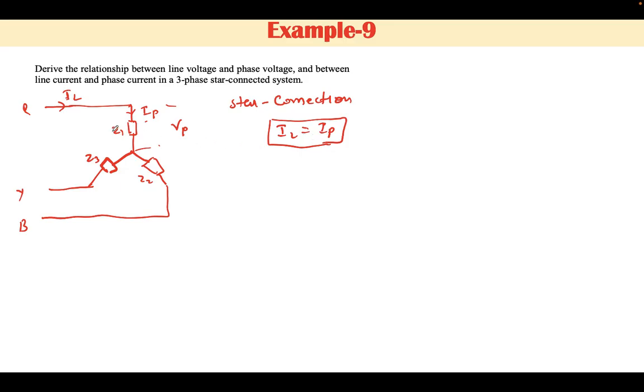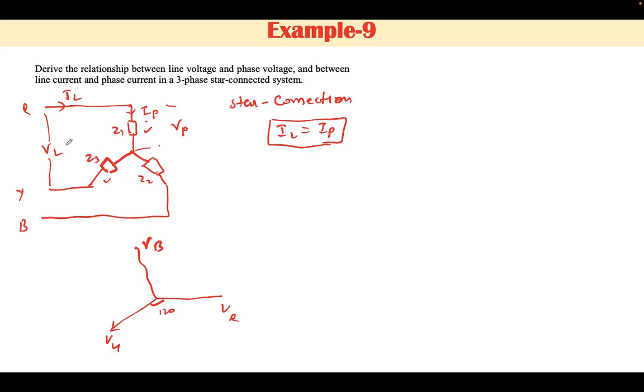Now we have to find out the relationship for VL. VL is nothing but the voltage between two lines, which is the phasor sum of the voltage across Z1 and the voltage across Z3. This is a three-phase system, so let us draw a phasor diagram using voltage vectors. This is VR, this is Vy, this phasor is Vb, and these phasors are displaced by 120 degrees.